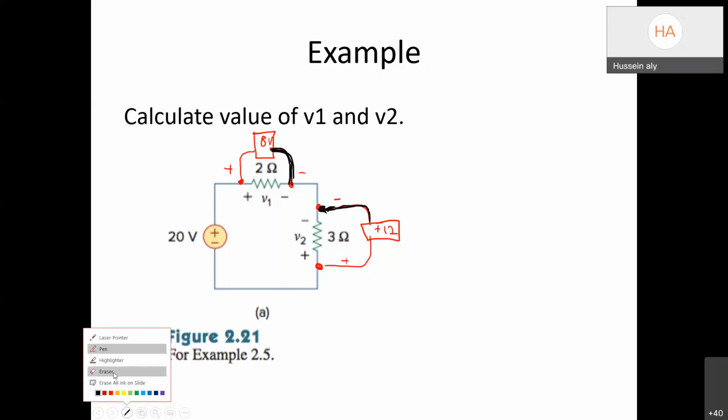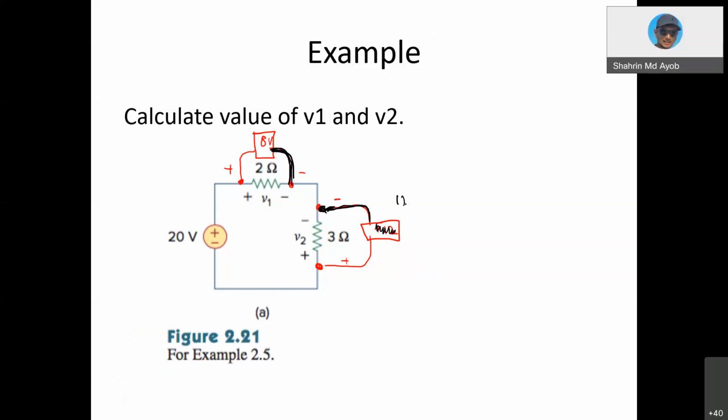Doctor, I think it will be the same because the total should be the same 20 volts, so the sum should be 0. Yeah, the value is the same, but the polarity is negative. Yes, that is the meaning. It's actually how you put your meter.